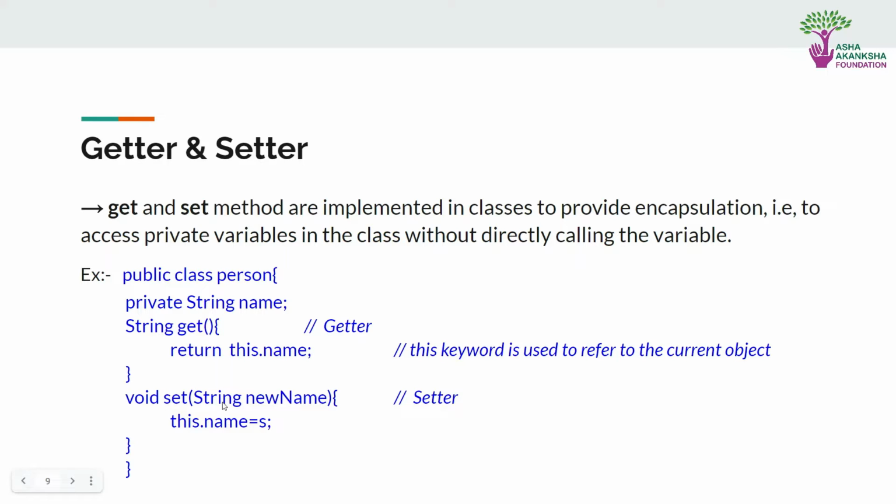Similarly, void set with String newName just assigns whatever we get. It should be this.name is equal to newName. There is a typo in this; it should not be s, as the variable name here is newName. So whatever we get in the brackets would be assigned to this name here.